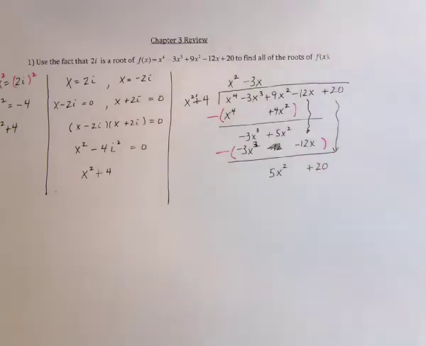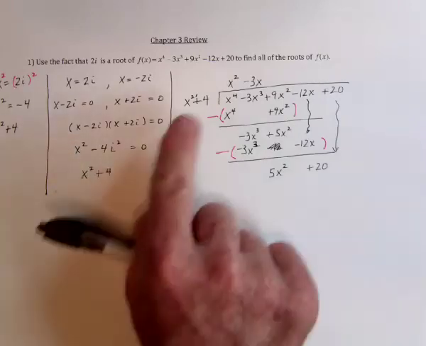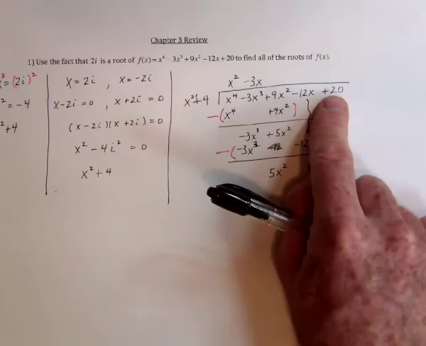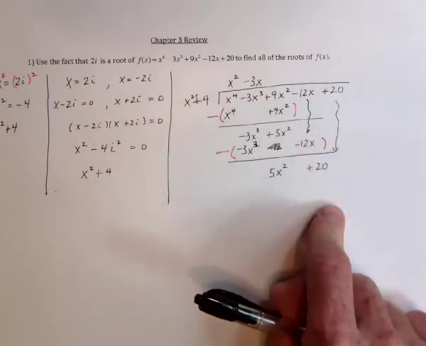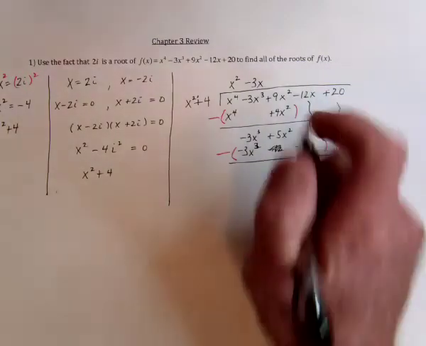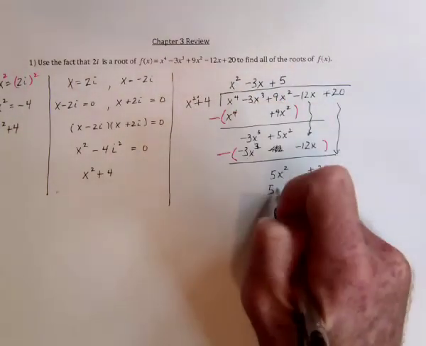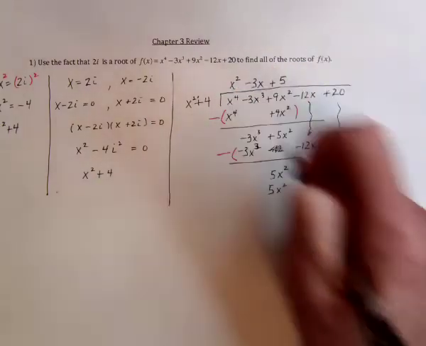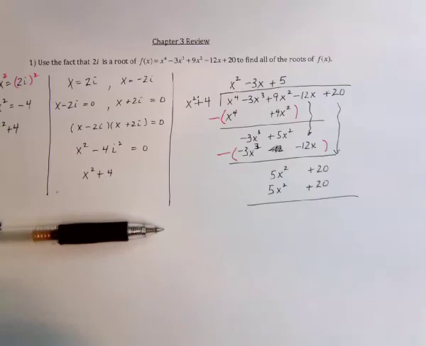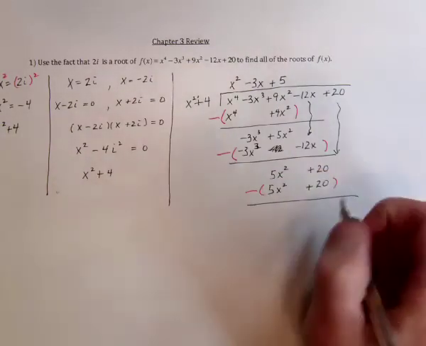Now if I did this work over here correctly, then this thing should divide into this big polynomial evenly, so I should have a remainder of 0 coming up. Let's see, next I need to use a 5. So plus 5 is going to be 5x squared, and then 5 times 4 is 20. And sure enough, when you subtract those, the remainder is 0. So it divided evenly.